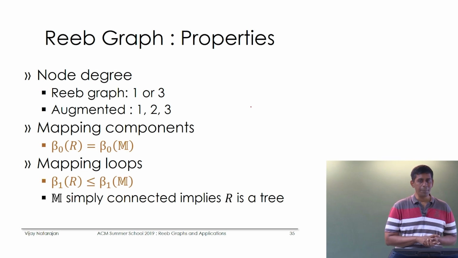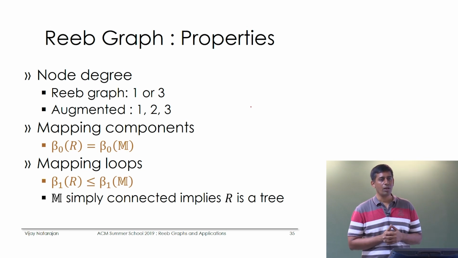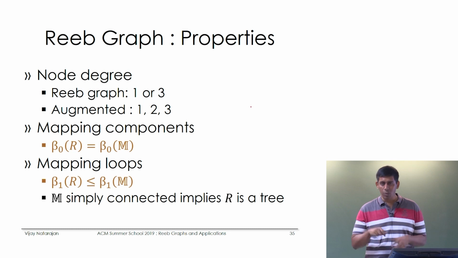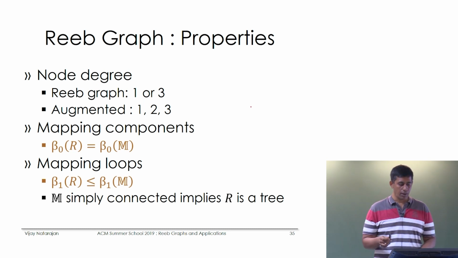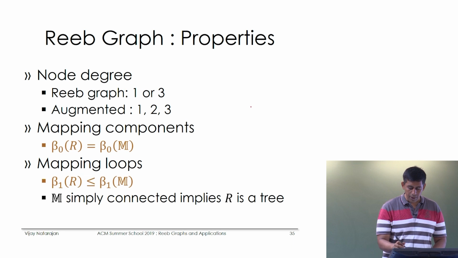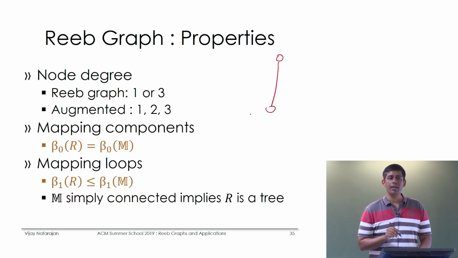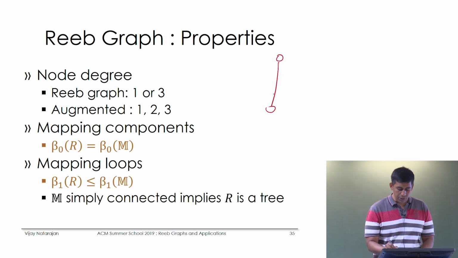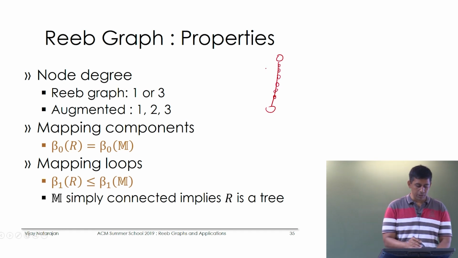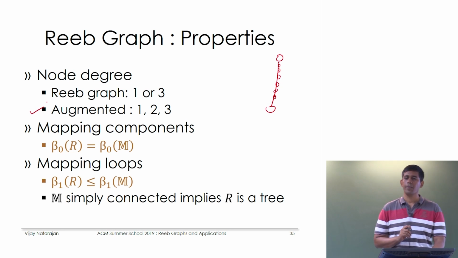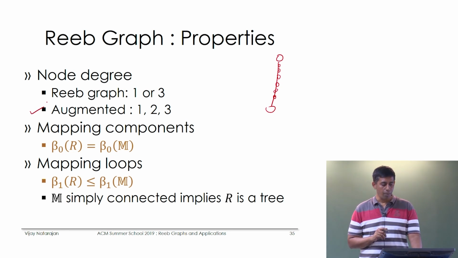Now, in practice we also talk about something called an augmented Reeb graph, where we insert the regular points. Let us say I take a very simple Reeb graph with 1 minimum and 1 maximum. The regular points will lie in the interior of these arcs, and their degrees will naturally be 2. So, this graph is called the augmented Reeb graph.